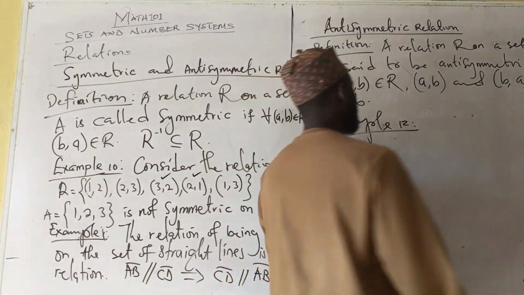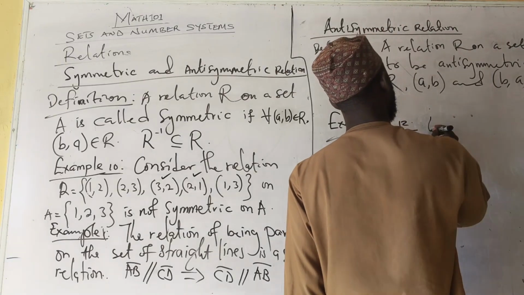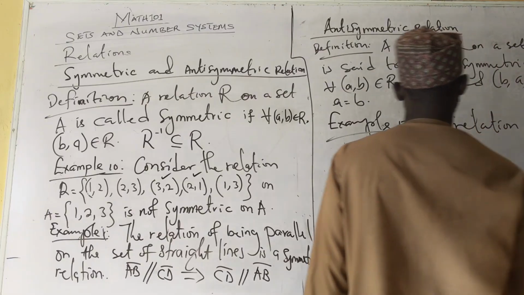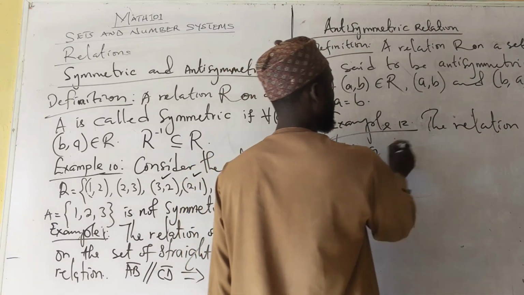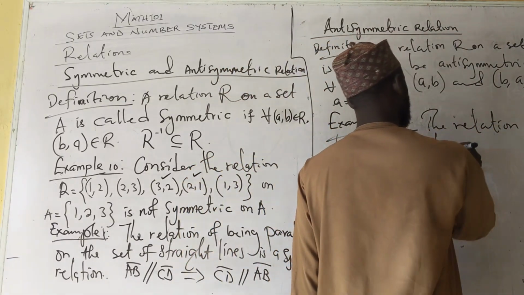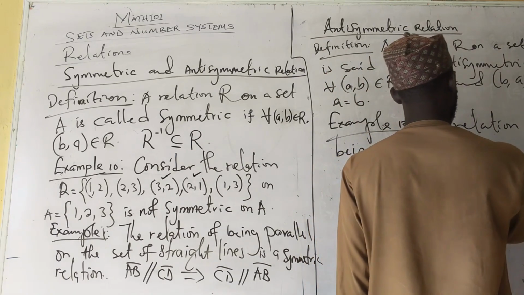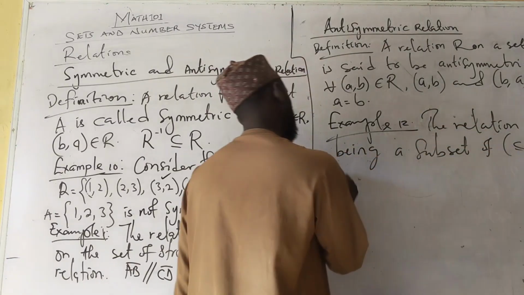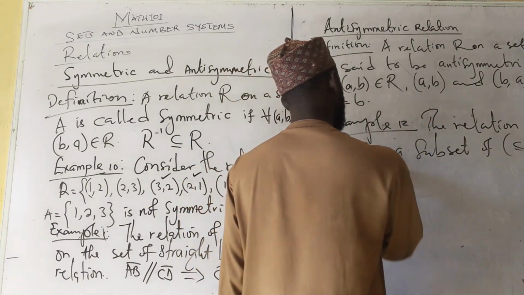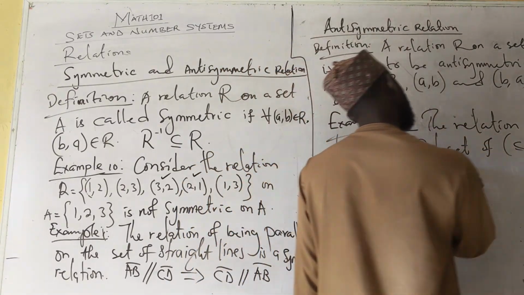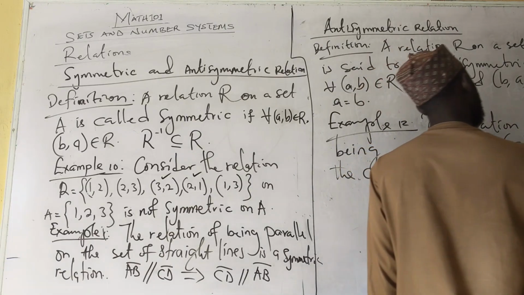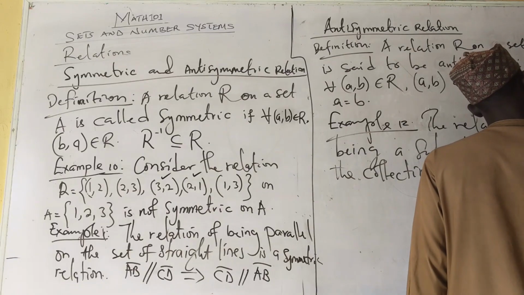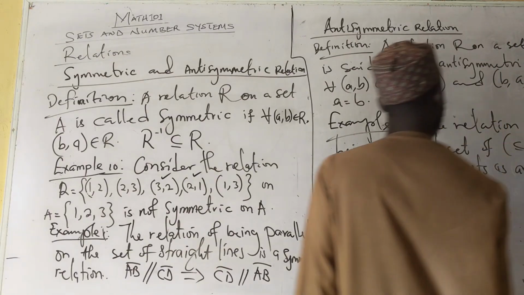The relation of being a subset of, I mean this relation on the collection of sets, is an antisymmetric relation.